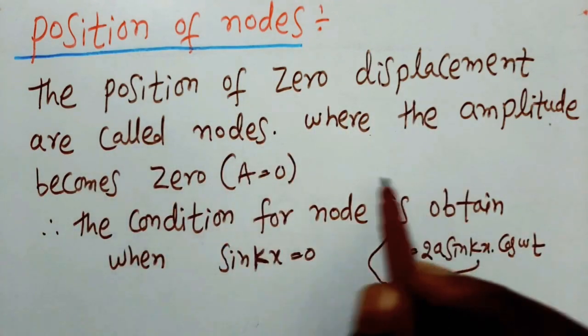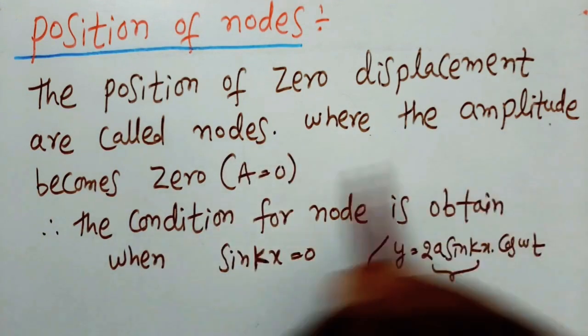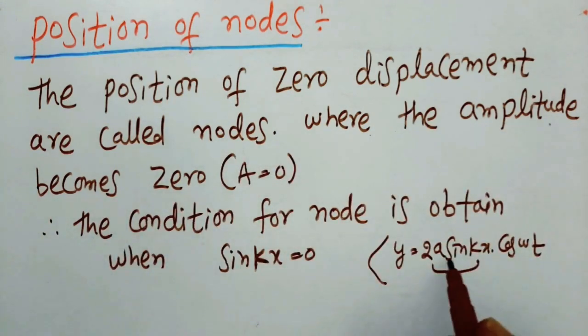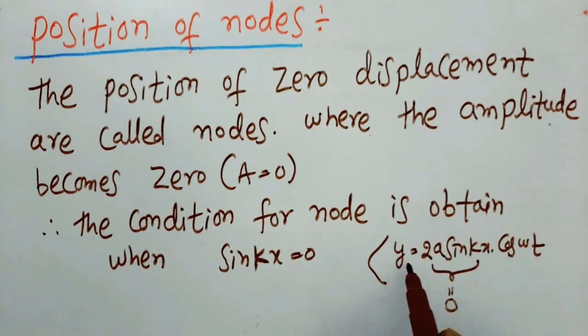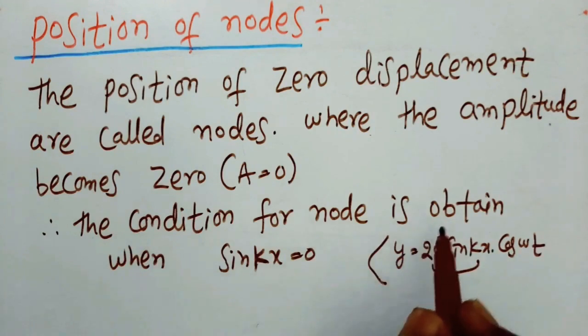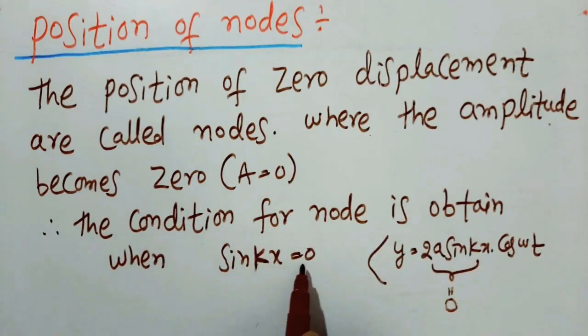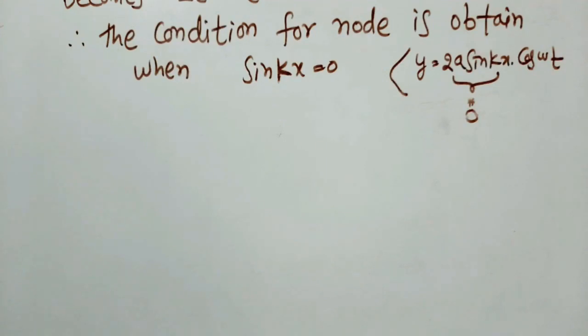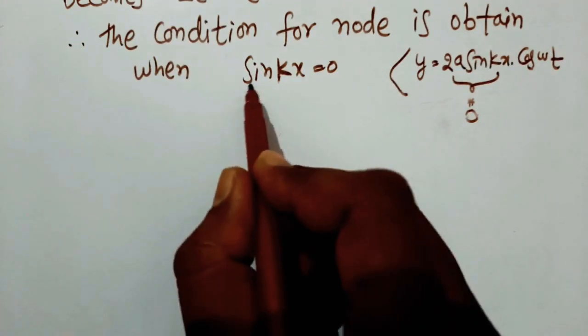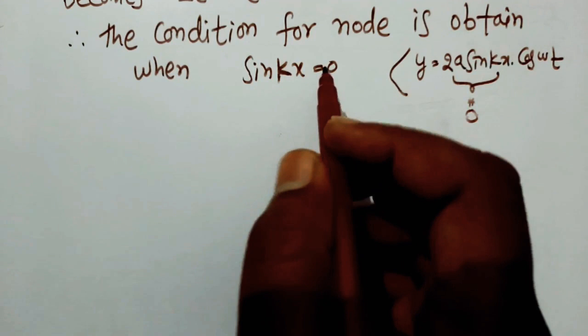At a node the amplitude becomes 0, so the displacement becomes 0. So the condition for nodes is what? sin kx is equal to 0. The condition for nodes is sin kx is equal to 0.